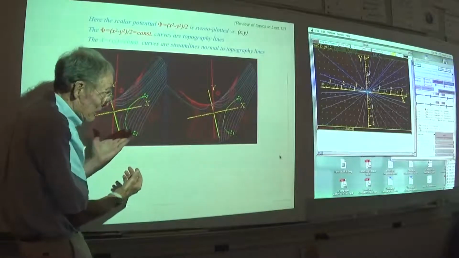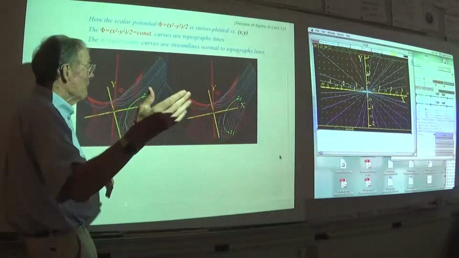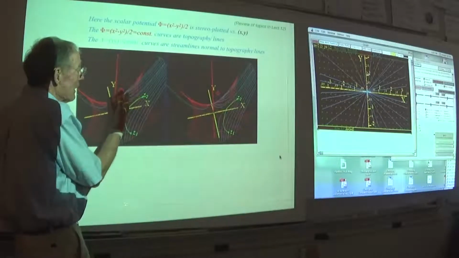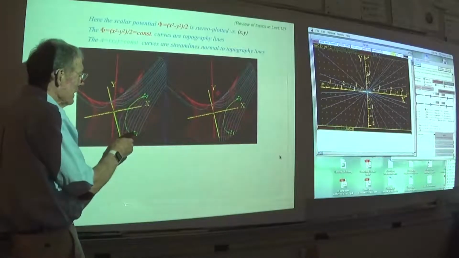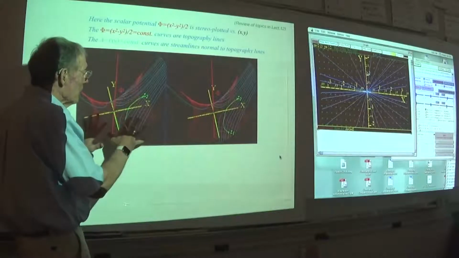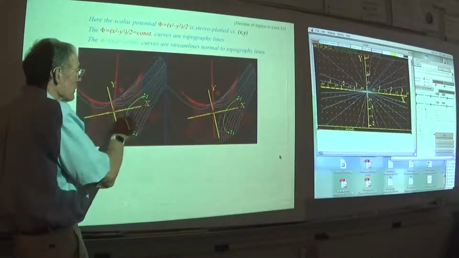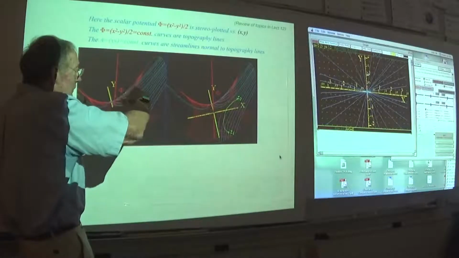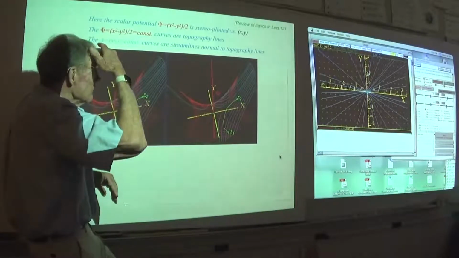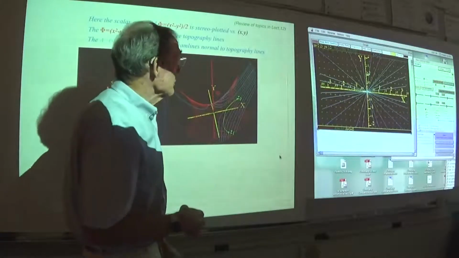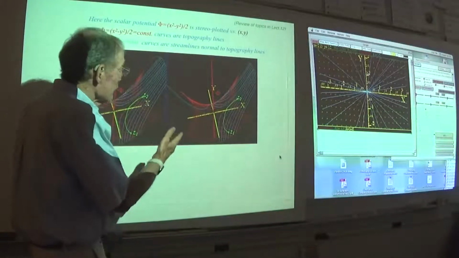Here they actually point uphill because we're doing mathematicians' forces, but in any case, there are no arrows here, so I don't have to really talk about that. They're both hyperbolas, and the red ones are the more obvious ones that deal with scalar potential. But the vector potential is there too. It has to be to make it a complete story. So that's a three-dimensional picture.